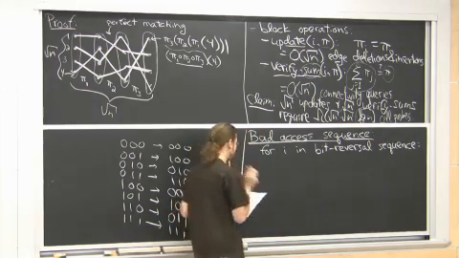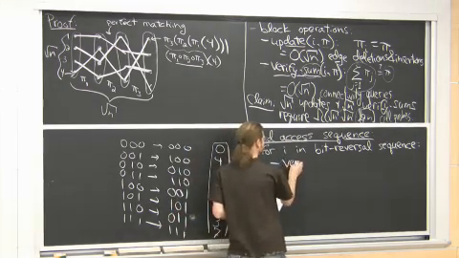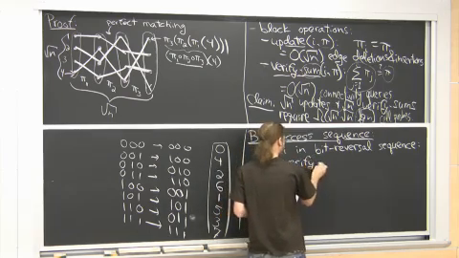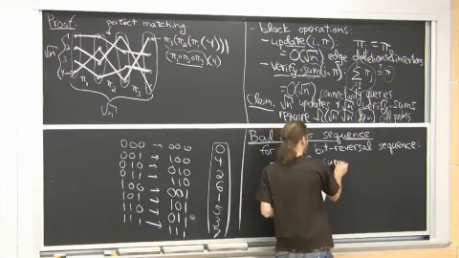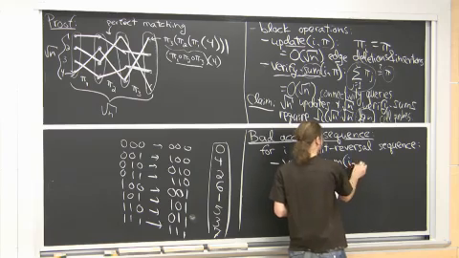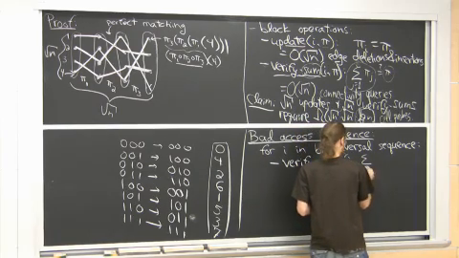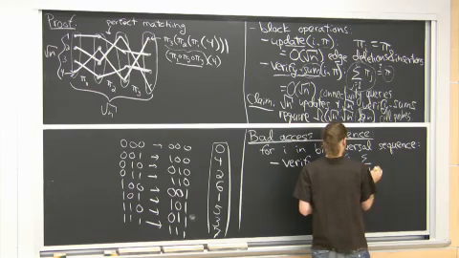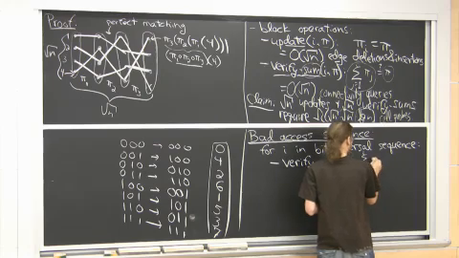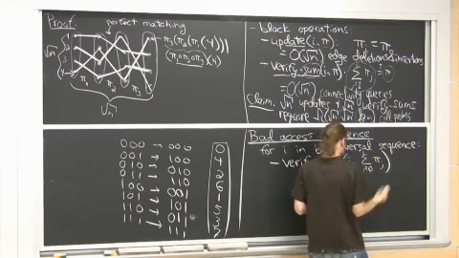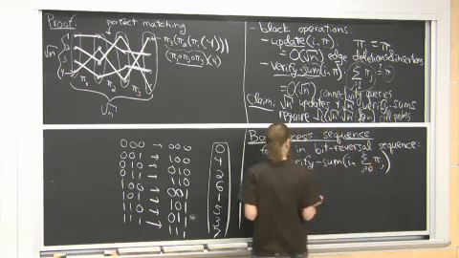And then we are going to do two things for each such i. We're going to do a verify sum operation. Actually, maybe it is starting at 1. I don't know. Doesn't matter.